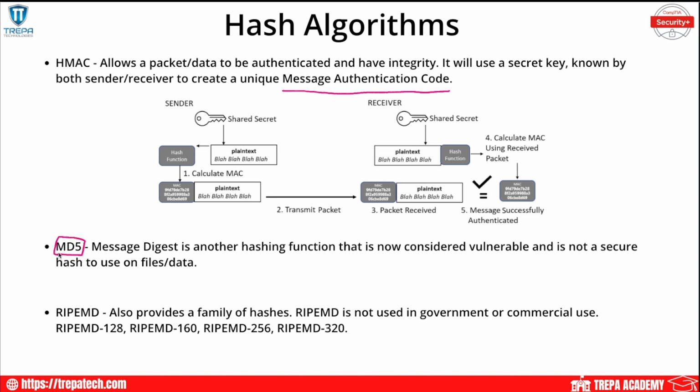Then we have the MD5 algorithm, the message digest. This is just a straight up hashing algorithm that is now considered vulnerable due to collisions. Collisions are when the same hash gets produced from 2 separate pieces of data. That makes it inherently insecure, right? So imagine you have the word fish and you have the word dog.